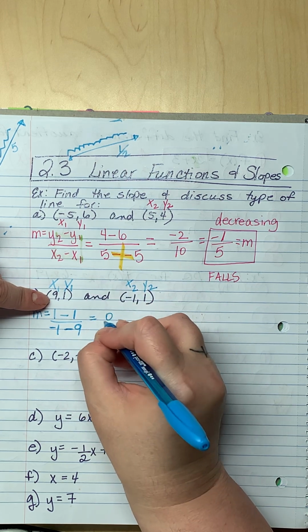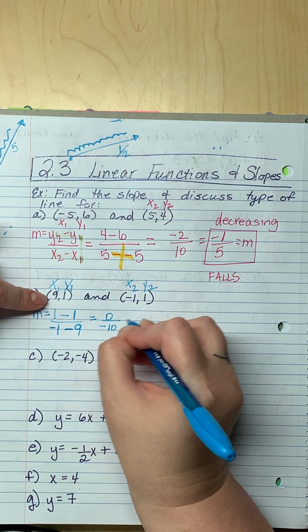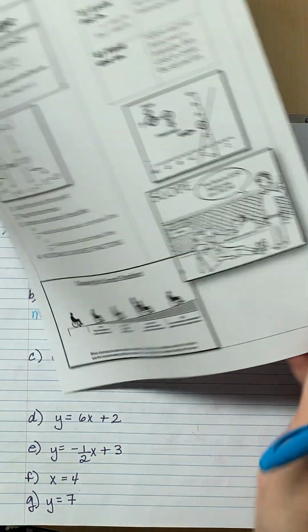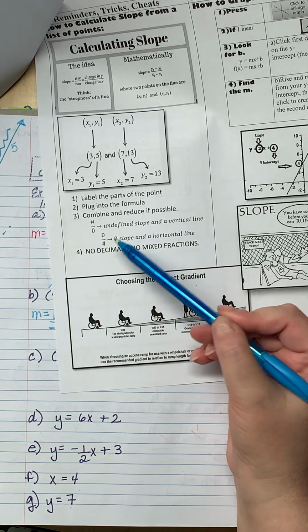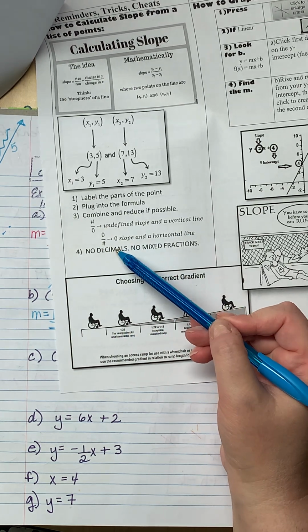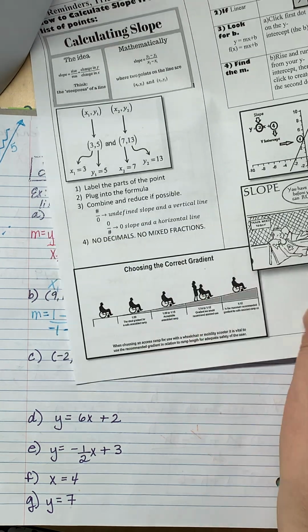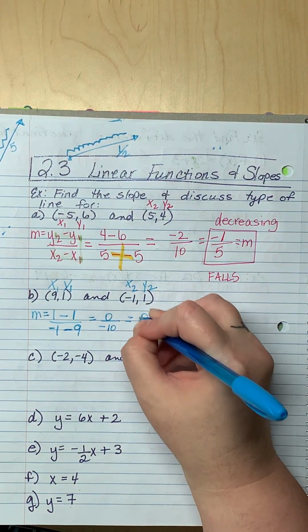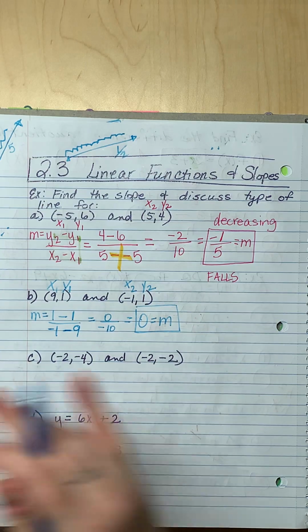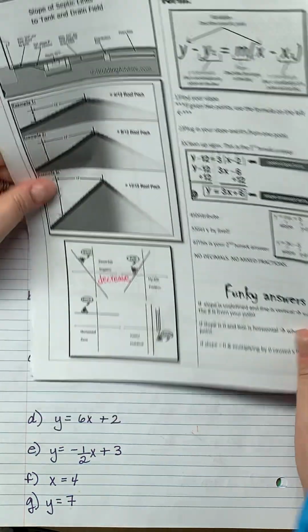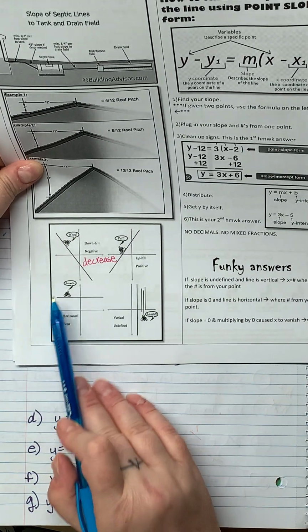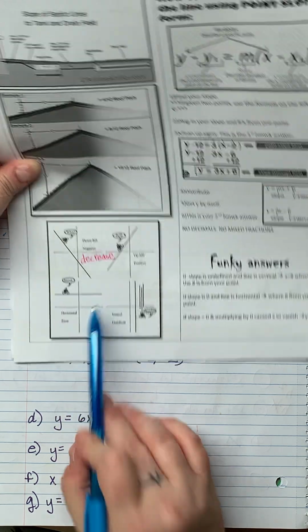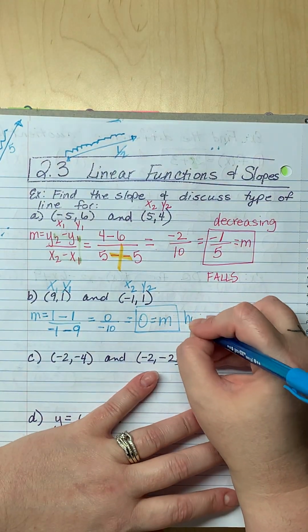And that gives me 0 over negative 10, awkward, and 0 over negative 10, you can put that in your calculator, but it spits out a 0. So my slope is 0. And then if I want to talk about the line, a slope of 0 is like this guy right here who's just riding his bike side to side. He has a 0 slope and it's called a horizontal line.